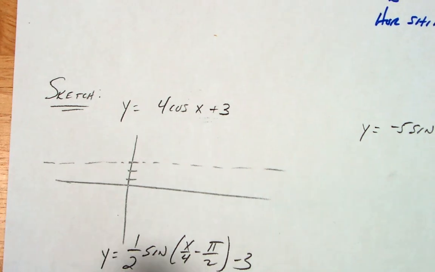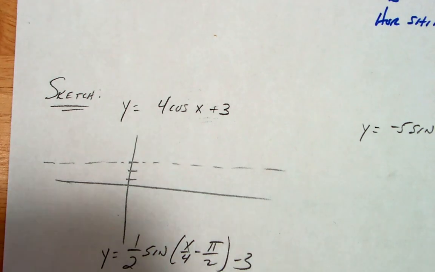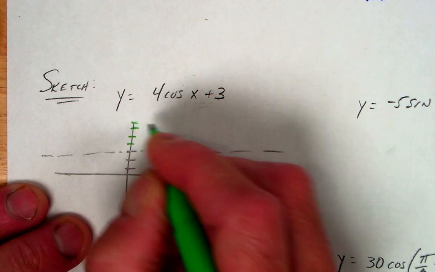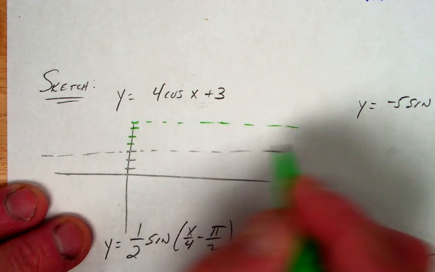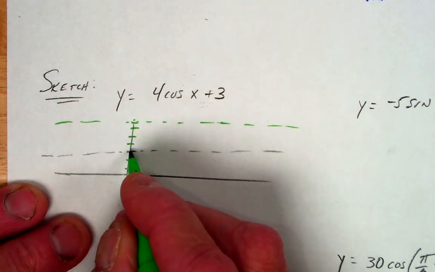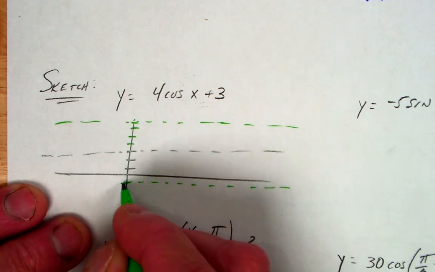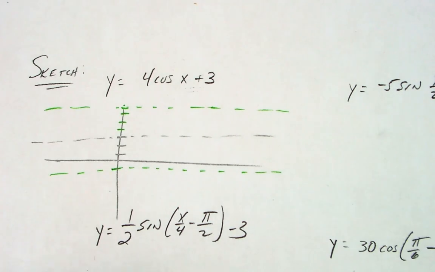From that 3, how much higher will it go? 4. How much lower will it go? 4. So here's what I like to do. I'll go up 4 units, 1, 2, 3, 4, and put a ceiling. Down 4, 1, 2, 3, 4, and I will put a floor.